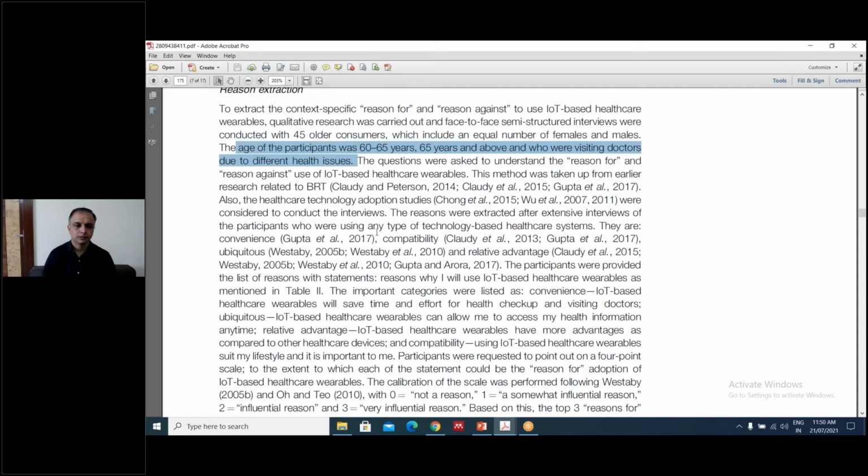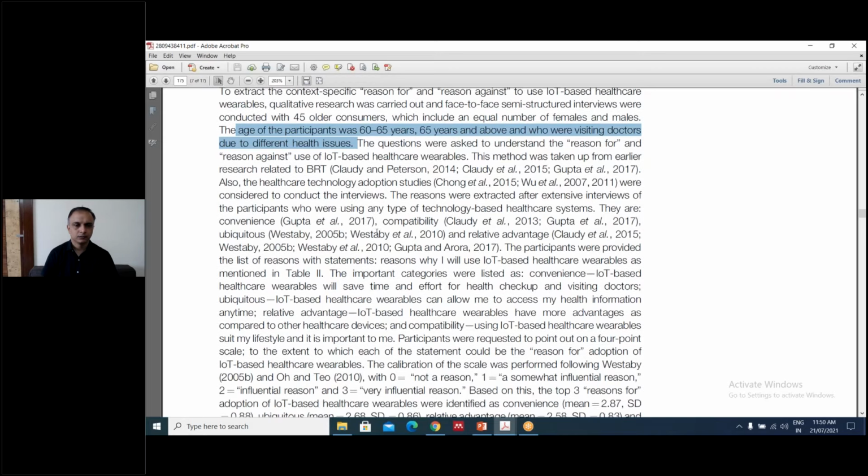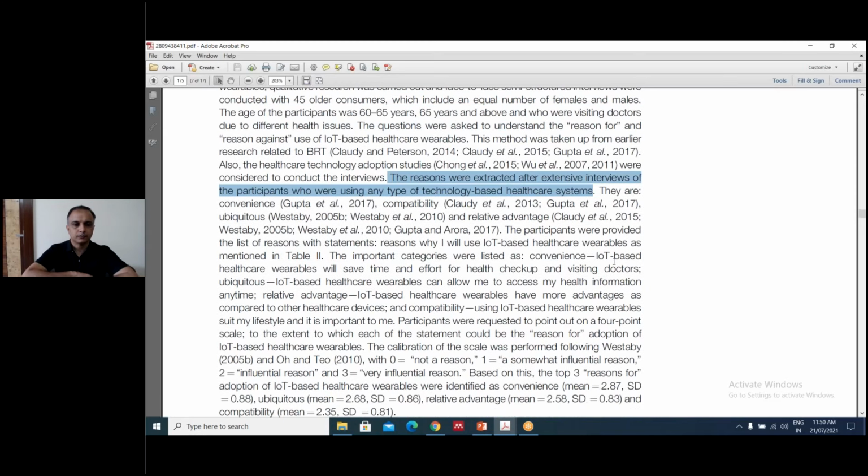When I talk about the extraction, you can see very clearly, I'm highlighting that particular point. After extensive interviews of the participants who are using any type of technology-based systems, we can ensure what the different points were. Again, the study by O and DO was also highlighted in the literature, so nothing new here. How do we do this?